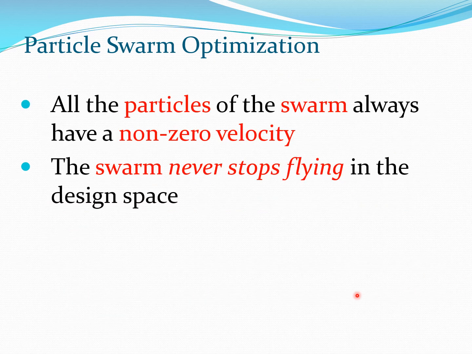All the particles of the swarm will always have a non-zero velocity. This is one of the aspects of PSO, and therefore the swarm never stops flying in the design space. That's something which helps the PSO method.